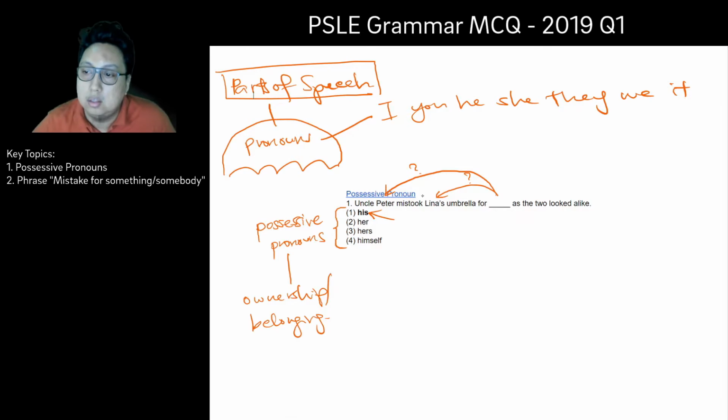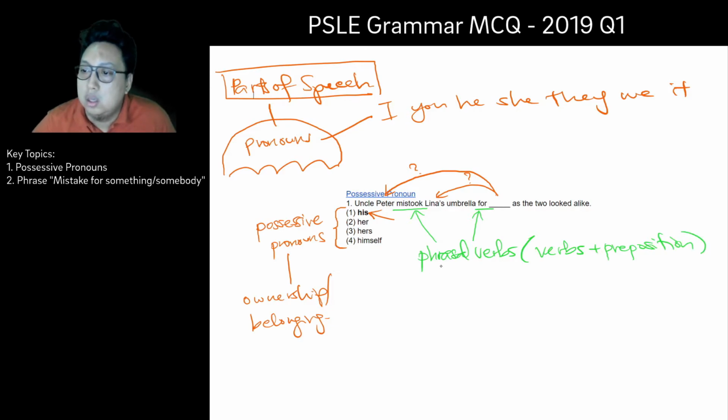It's something that you might not be aware of, a hidden topic within the question, and it deals slightly with vocabulary, and that is "mistook for". This is actually a phrasal verb. There are so many different types of phrasal verbs. Basically they are verbs that come with a preposition.